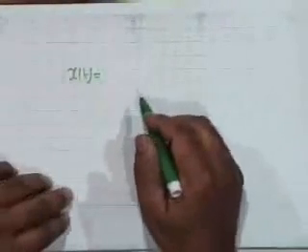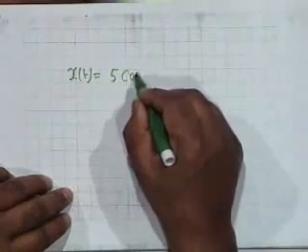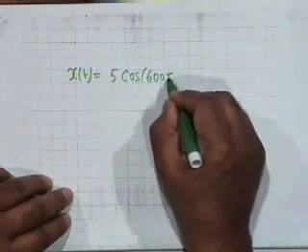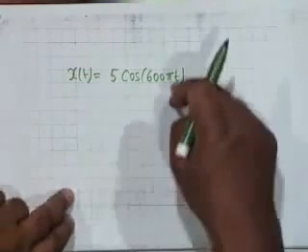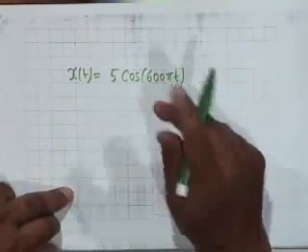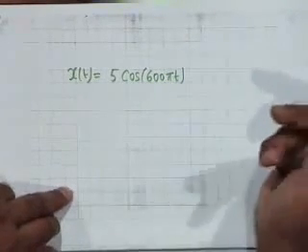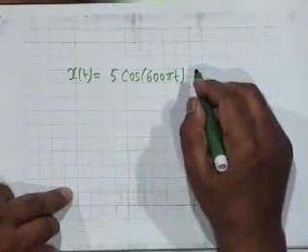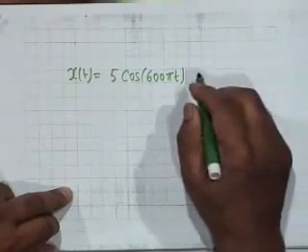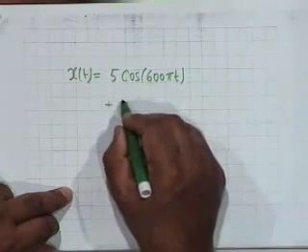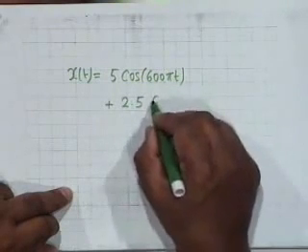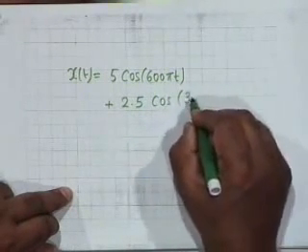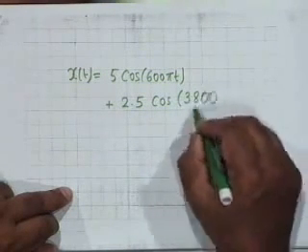x of t is 5 cosine of 600 pi t. Where does this come from? This frequency is unchanged because there is a constant term in the cosine squared, with a multiplication of half. Plus 5 by 2, that is 2.5 cosine of 3800 pi t.